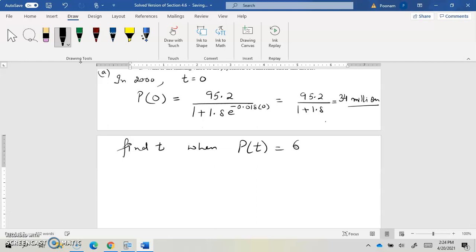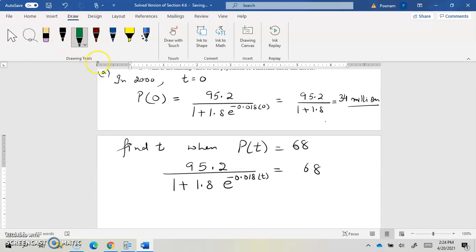Double of that is 68 million. The population function 95.2 divided by 1 plus 1.8 raised to the power negative 0.018 times t is given to be 68. We need to figure out the time.